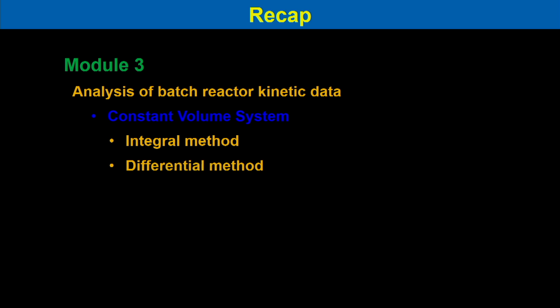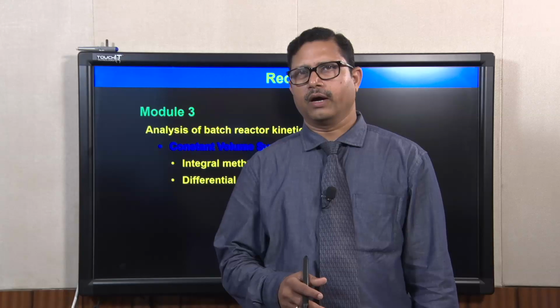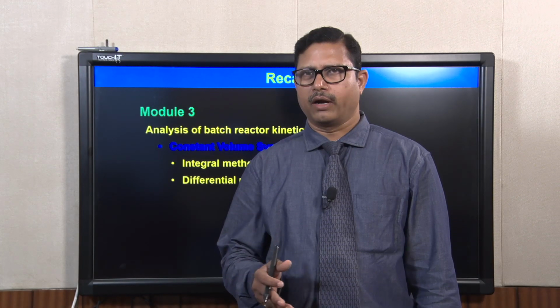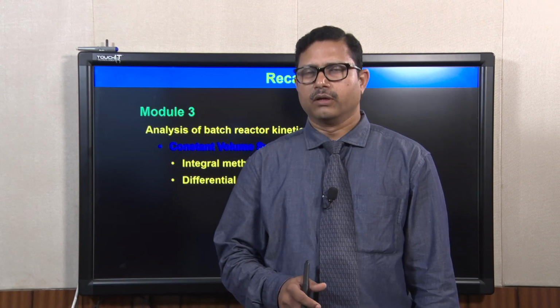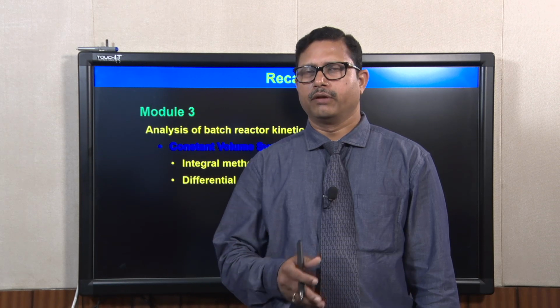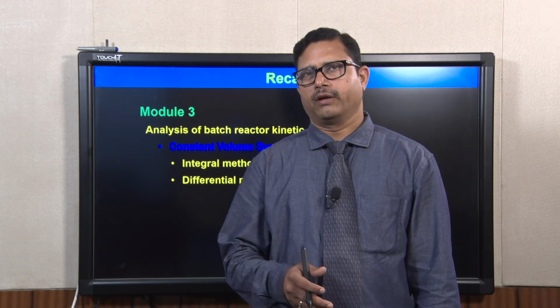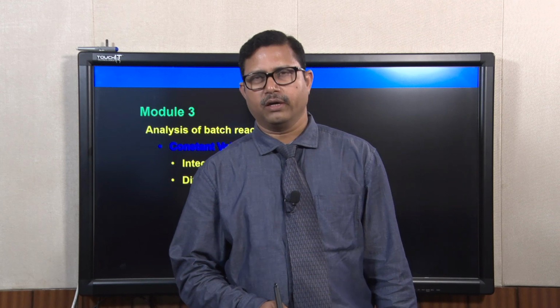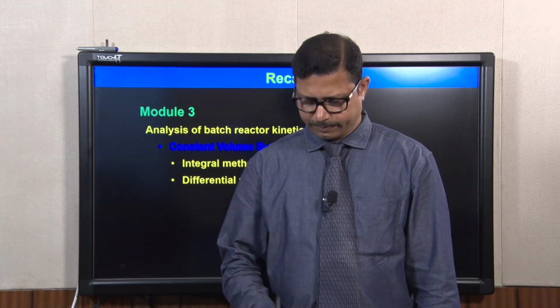In integral method of analysis, we have assumed a kinetic rate law and then we tested the integral form of the rate equations and we have seen whether that is fitted with the data obtained from the batch reactor.